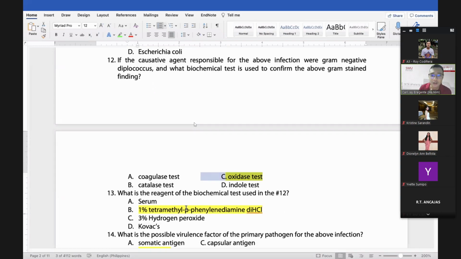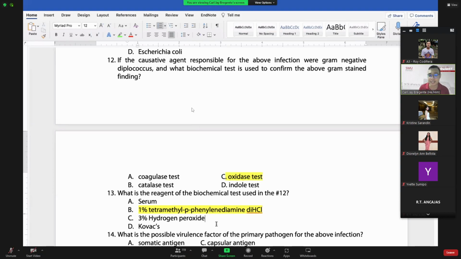What is the reagent of the biochemical test used in number 12? So the reagent for the oxidase test, class, take note, is 1% tetramethyl paraphenylene diamine dihydrochloride. Take note of this, ha? Because this will usually come out, class, in the board exam recalls. 3% hydrogen peroxide is the reagent for your catalase test.